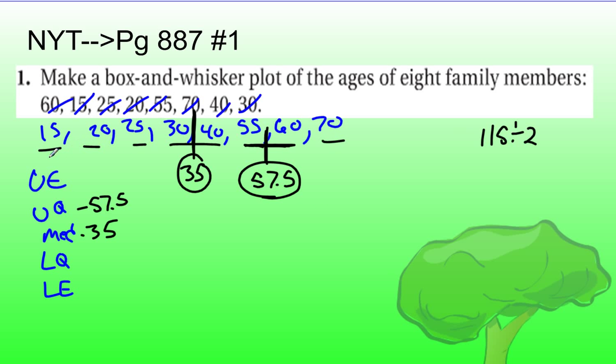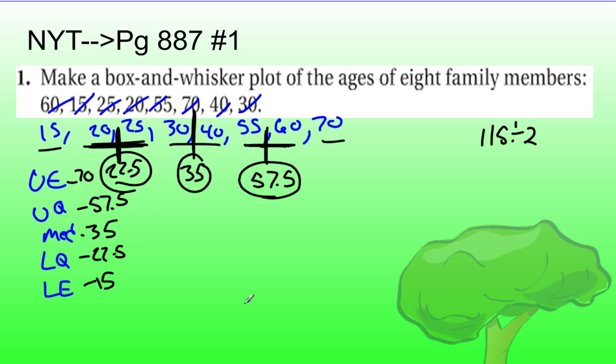Lower quartile, same deal. I've got 4 numbers on this side, so I've got 2 in the middle. Halfway between 20 and 25 would be 22.5. And lastly, the extremes. Lower extreme is 15, upper extreme is 70.